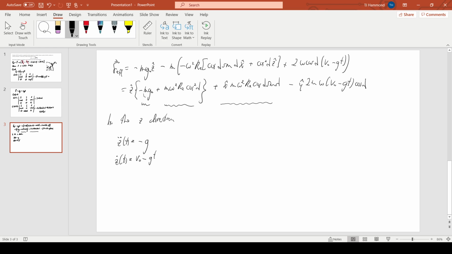So we're calling this g. And we have z of t is equal to v naught t minus 1/2 g t squared, which assumes, of course, that z is equal to 0. So we're firing it from the ground.